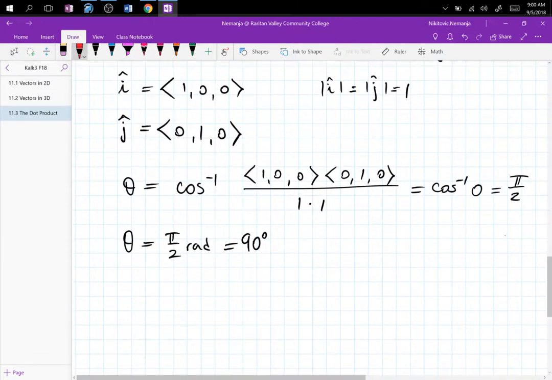Now we're going to write a theorem which is used a lot as we go on through this chapter.